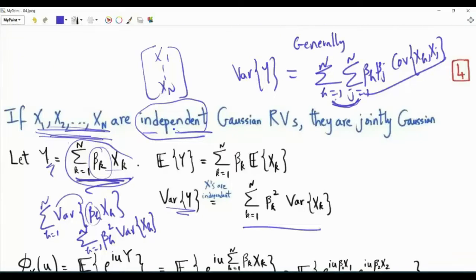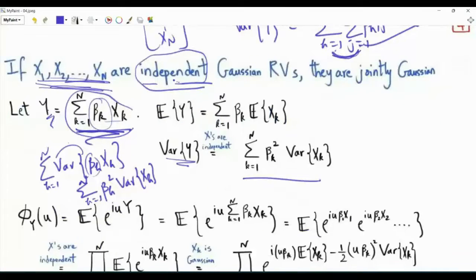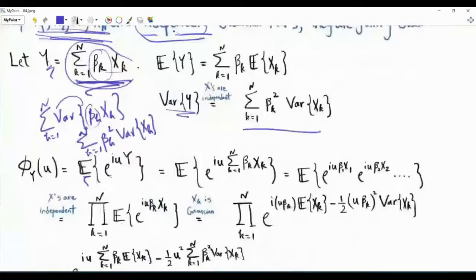So again, the way to go is to make use of the characteristic function. We will obtain the characteristic function of this random variable y, and hopefully we will end up with the characteristic function of a Gaussian random variable. The characteristic function is the expectation of e to the i u Y, which is given by this summation.